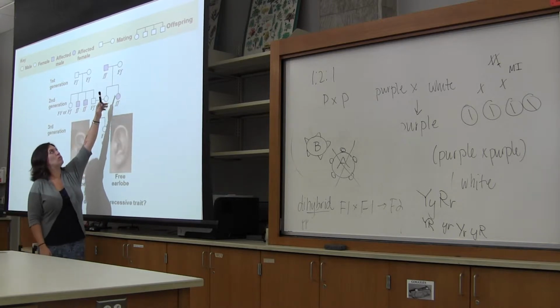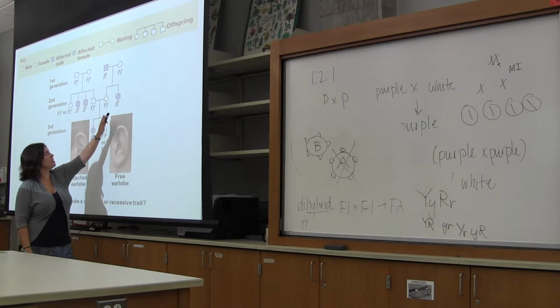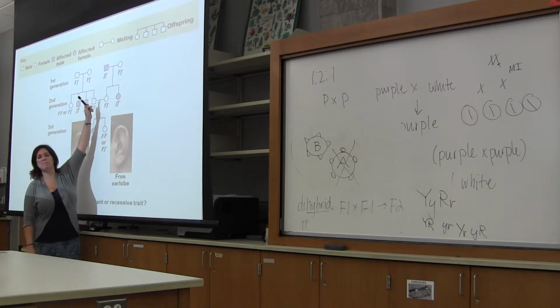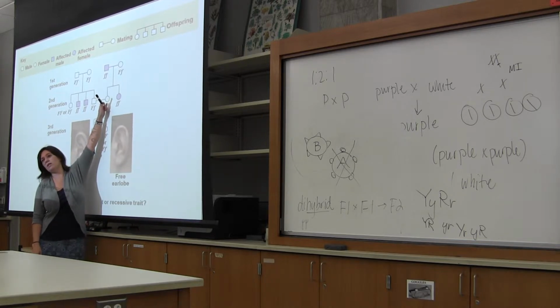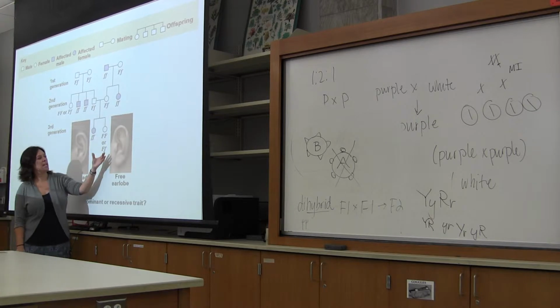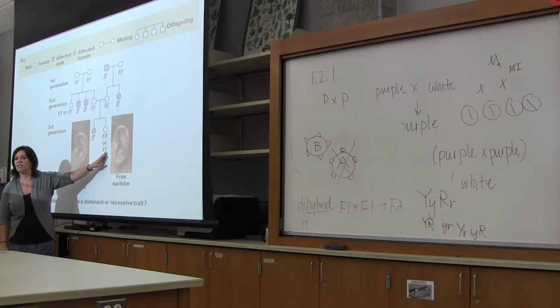And then another couple, one's affected and one's not, or one has free earlobes and one doesn't. They have children, and then one child from this match marries and mates with another offspring, and so they're going to end up with 2 children, half of them affected and half of them not affected.